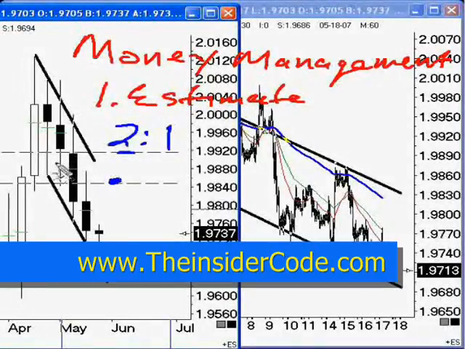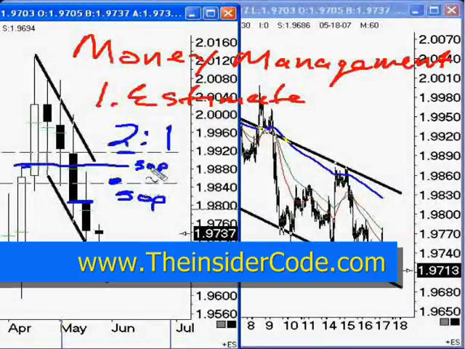If I see that there is some resistance in this area, and I expect that may be strong resistance, then I need to look at what my risk is. If I've got a risk all the way down here to 98.00, so I've got 50 pips worth of risk, and I'm only looking to gain 30 pips worth of reward as a possibility, that's not enough.